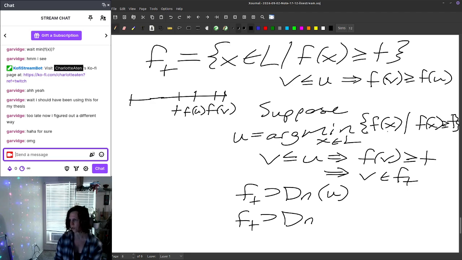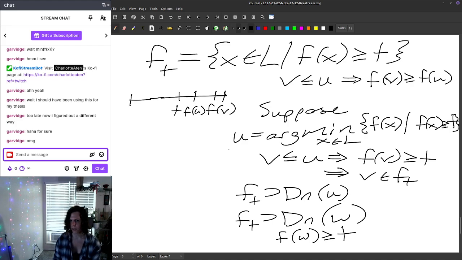If we choose some other w where f of w is bigger than t, then similarly it has to contain the downset of any w where f of w is greater than or equal to t.